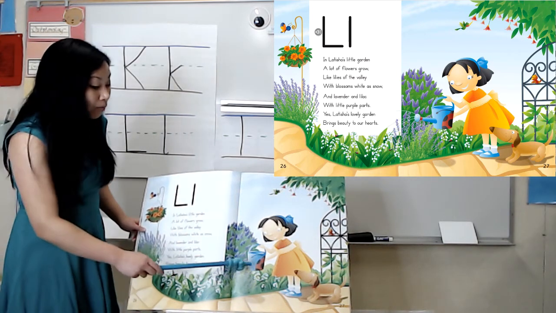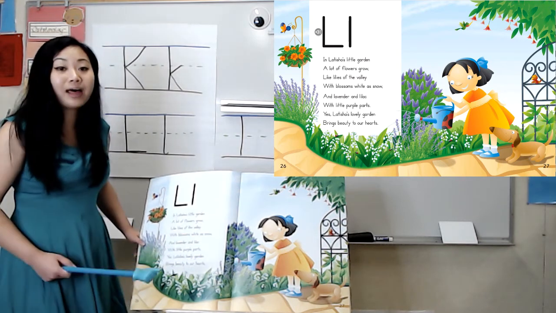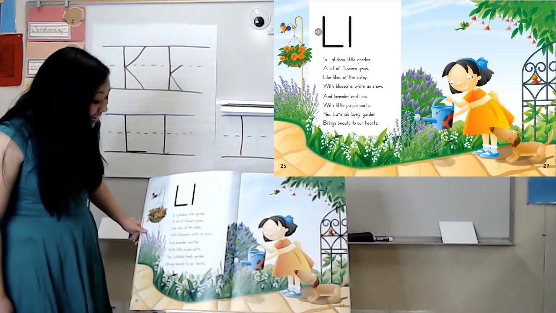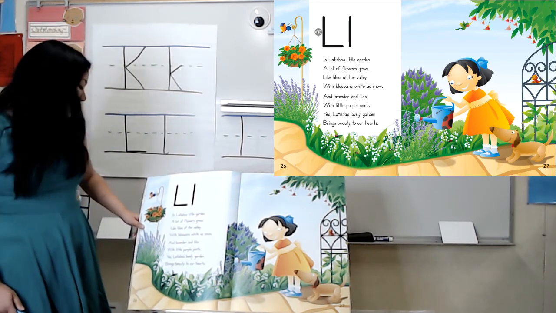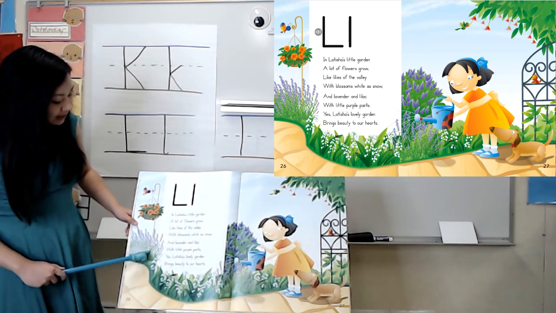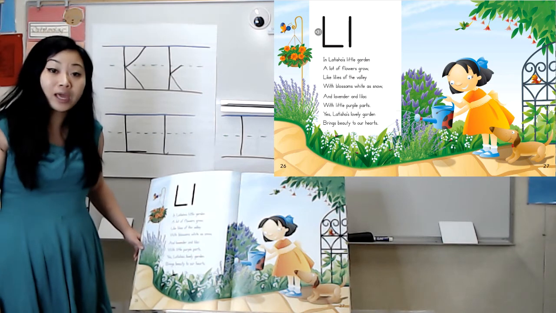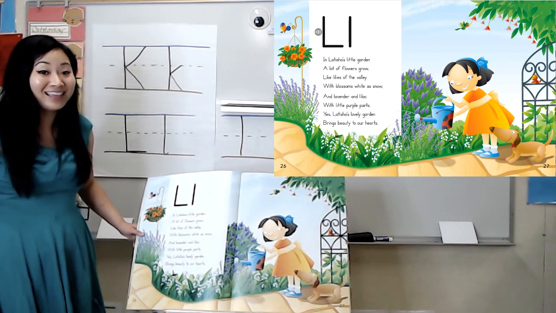She has a watering can, and it looks like she's watering some flowers. Oh, it looks like she has a garden just like Gabby, but her garden is all just flowers. And I know that this plant is lavender because my mom has a plant like that, but I'm not sure about the other ones. Let's see if we can find out what they are when we read about them.